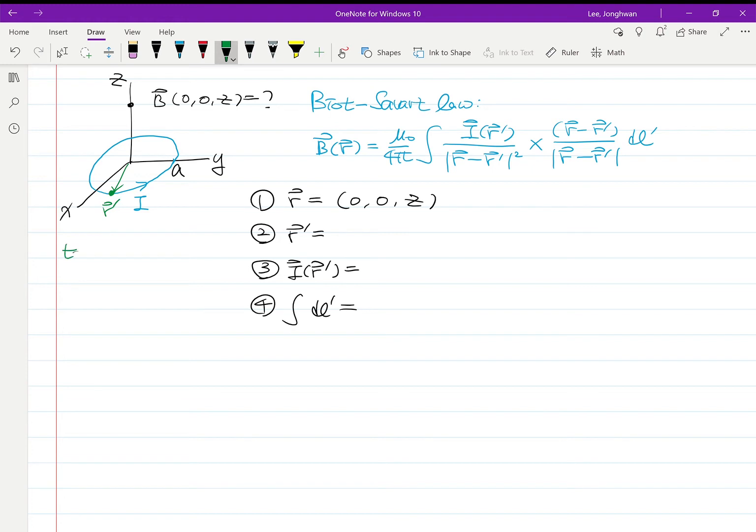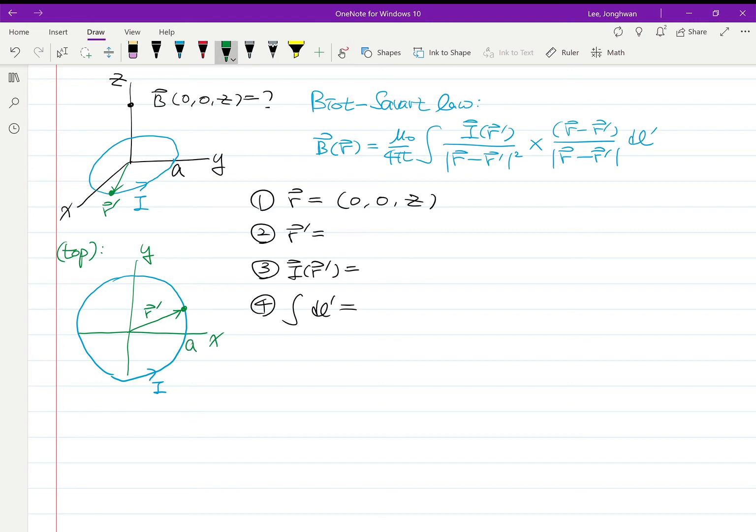And if you see this in the top view, we have a circular current loop, and we chose an arbitrary point as our source point r prime, and the radius is a.